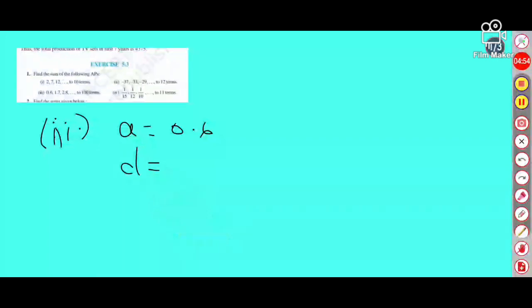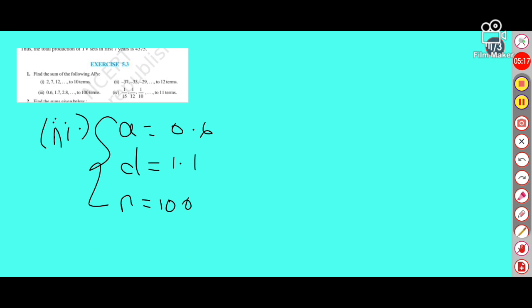Then d is obtained by subtracting a2 and a1. So a2 minus a1, 1.7 minus 0.6 yields 1.1. They have given up to 100 terms. So these three things are very important in the entire AP chapter.